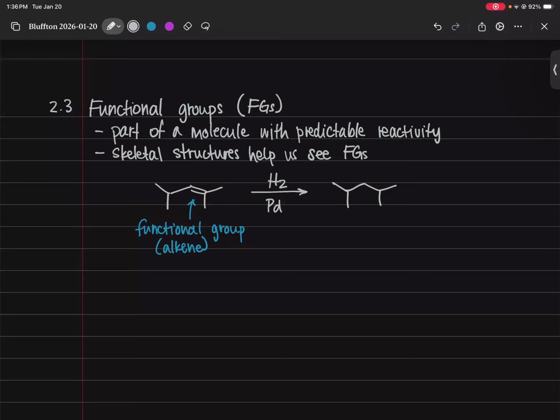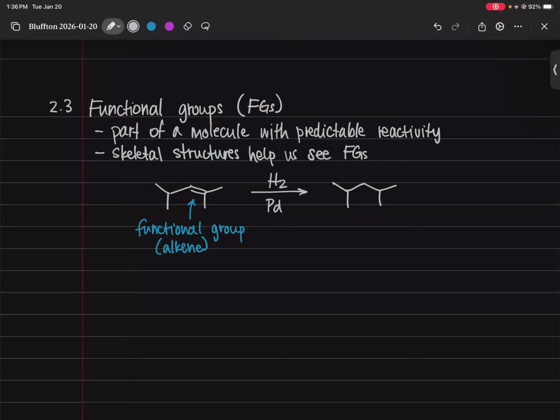So if I were to draw the Lewis structure of this, you would have to go through and look at every single atom and every single bond trying to figure out what just happened. But here, instantly you see, oh, the double bond's gone. That's the only thing that's happened here. This is the power of skeletal structures.